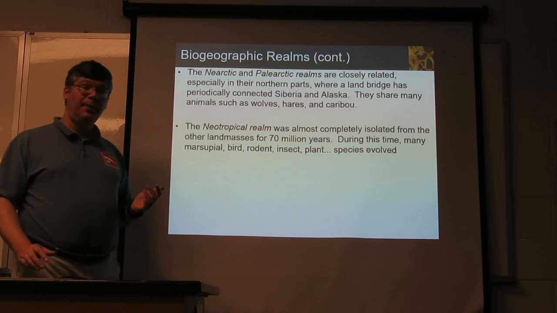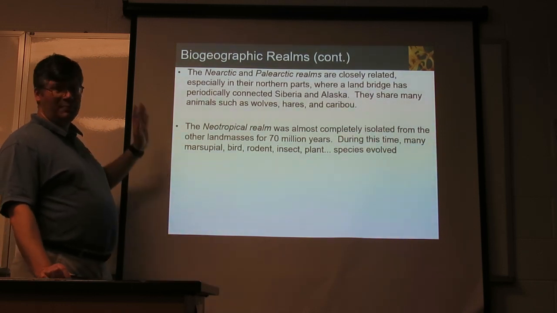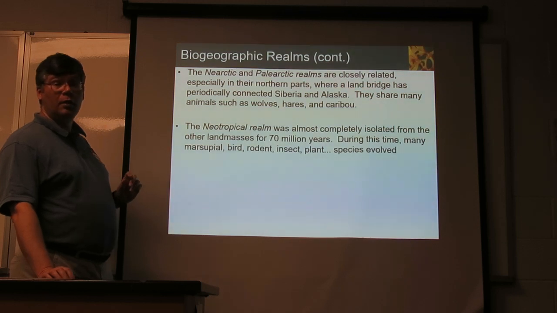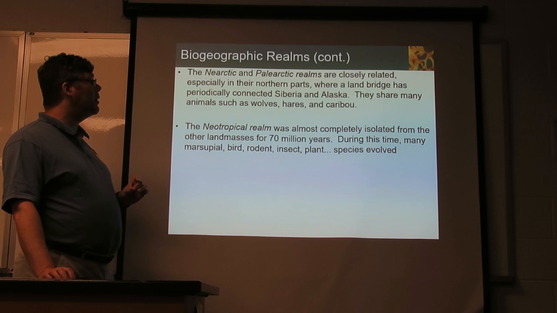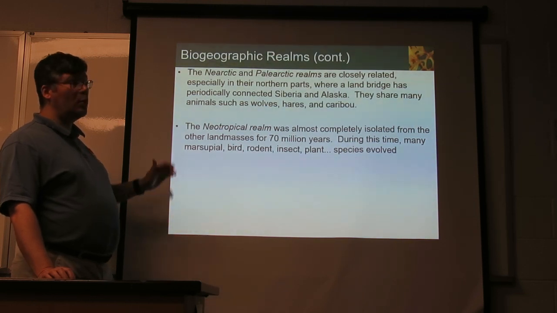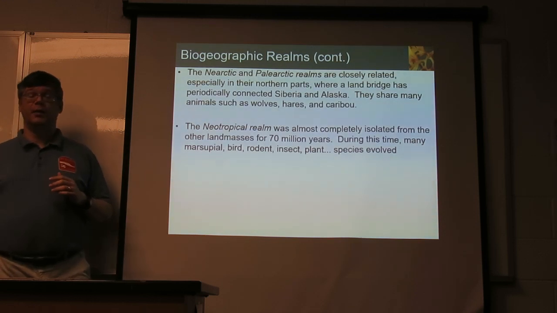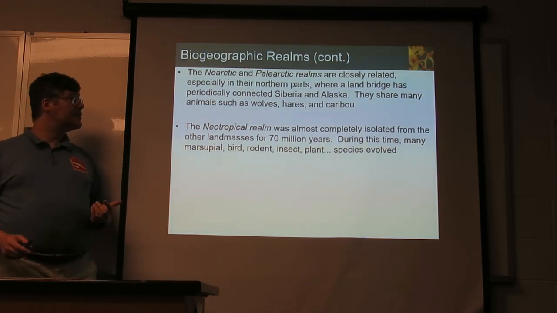Now, of course, it's ocean today, and about 5 million years ago is when ocean first flooded through there, and then it's been back and forth as glaciers have expanded and retreated. So any types of creatures that have been able to move back and forth across that are found on both sides.